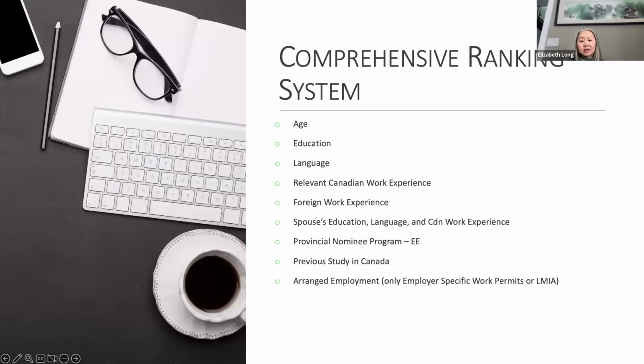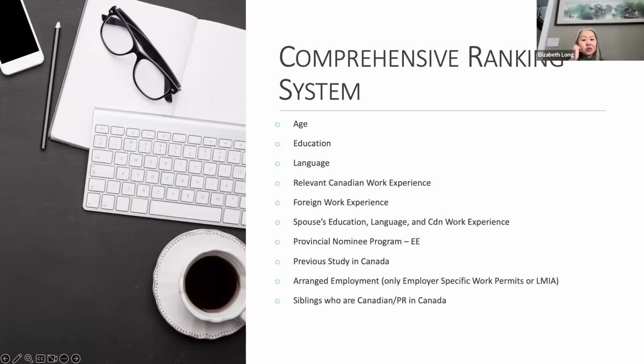Now, the government has said that they may be taking these points away in spring of this year. Whether or not the minister is actually going to be around to take those points away, we don't know. But that is something that we're looking at as well.